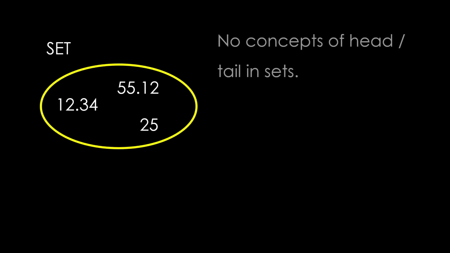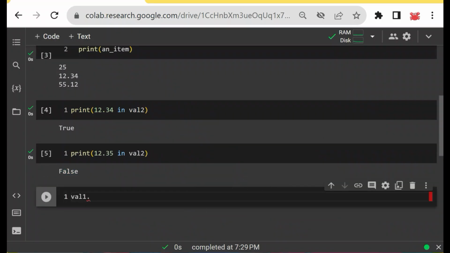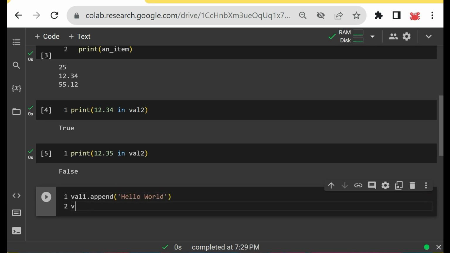Whereas for set data type, there is no order, and that's why there is no head or tail in a set. So the term append is meaningless for sets and never used. Instead, we use the term add for inserting elements in a set. Let's see the insertion commands for both list and set types in Colab.